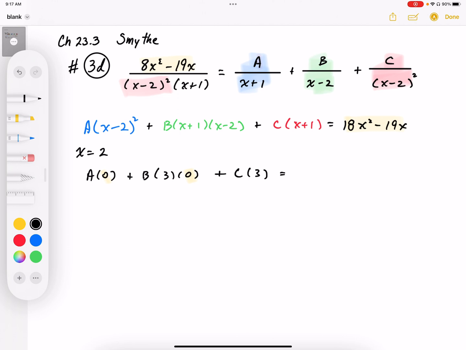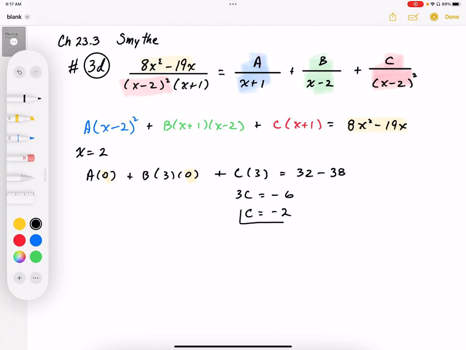So that's not 18, that's going to be 8. I get 2 squared times 8 is 32, and 2 times 19 is 38. So I end up with 3c equals negative 6. That makes my c value equal to negative 2.